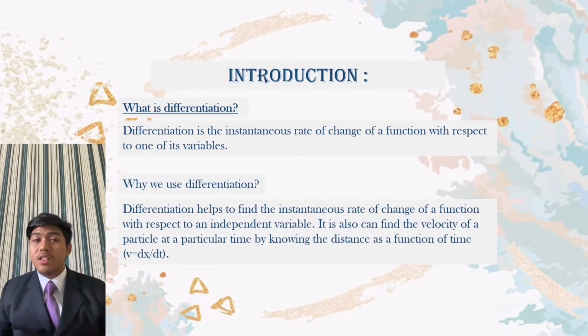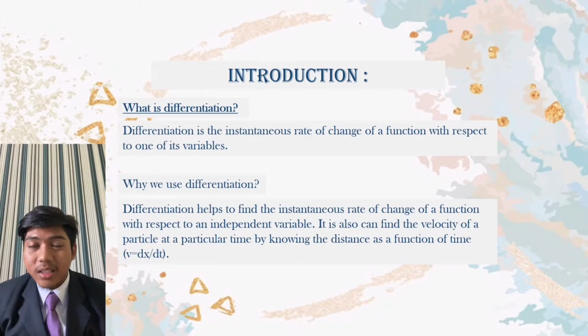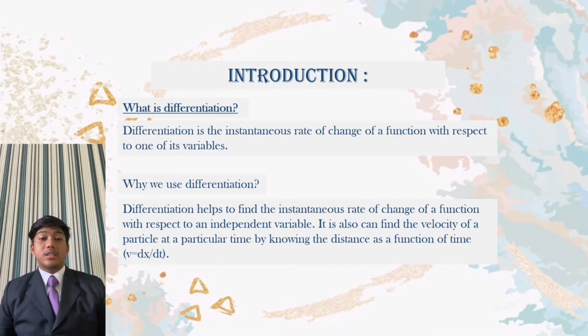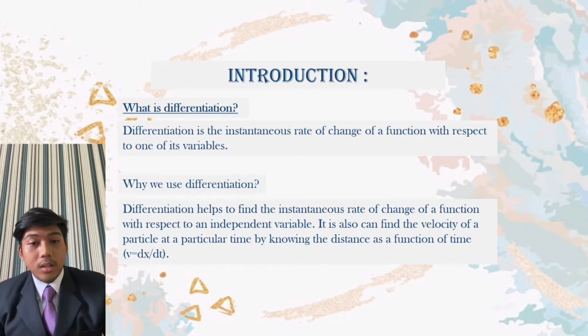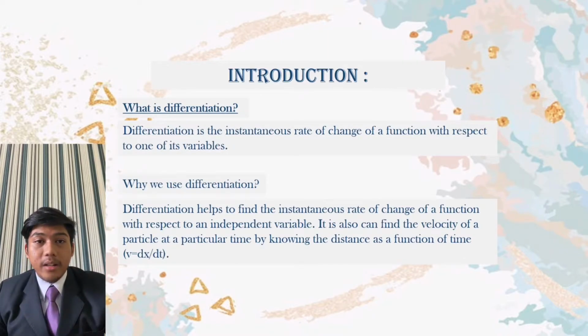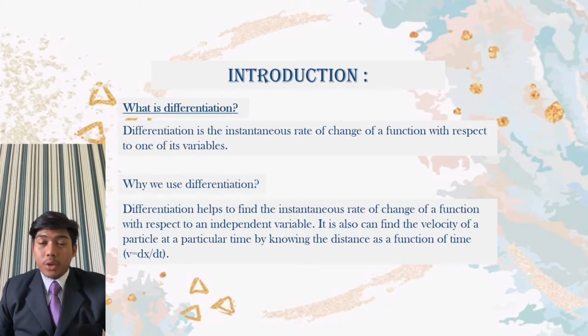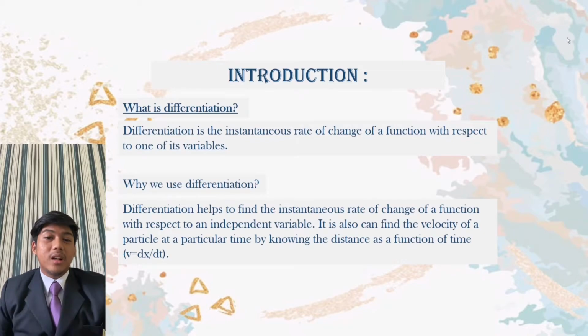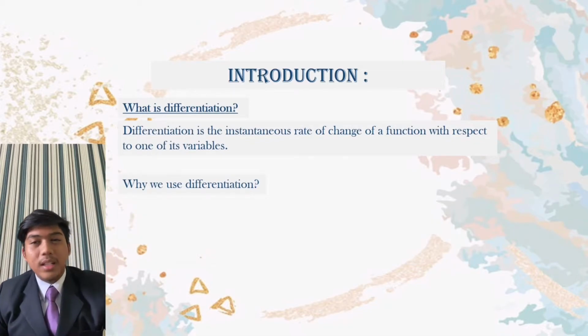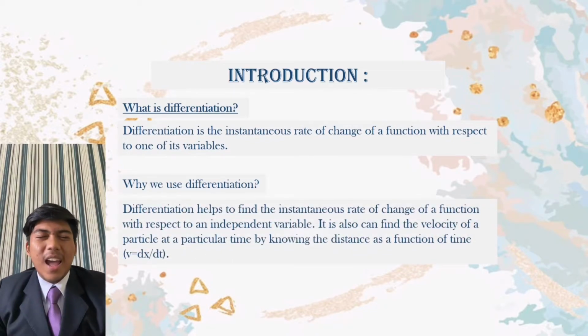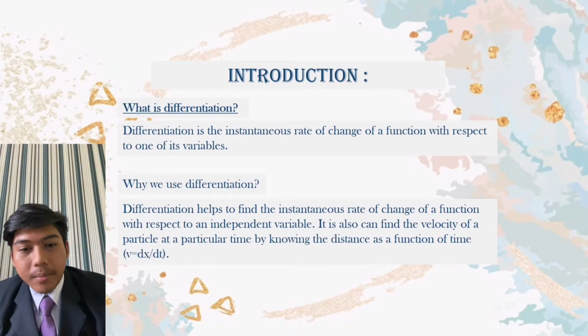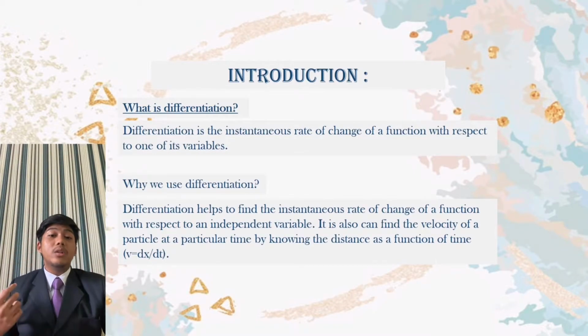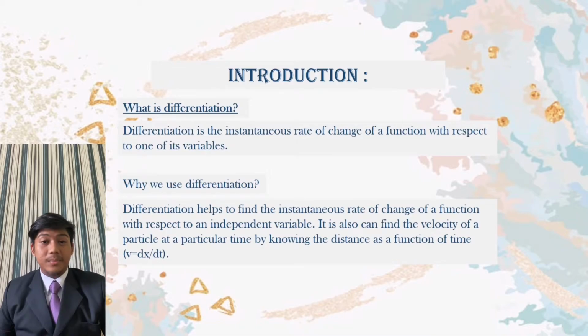Differentiation helps to find the instantaneous rate of change of a function with respect to an independent variable. It can also find the velocity of a particle at a particular time by knowing the distance as a function of time, which is v equals dx per dt.